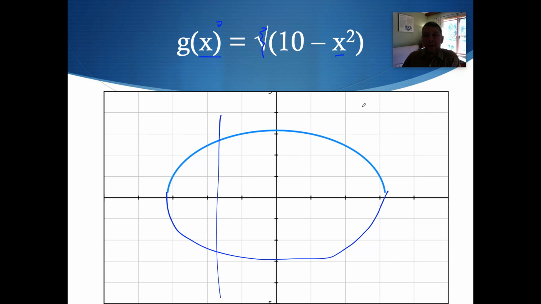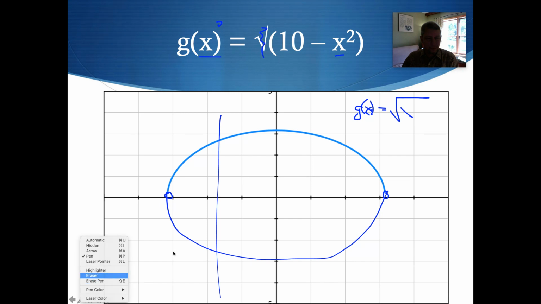Now, if you go ahead and try to figure out where it hits the x-axis, then g of x is going to equal the square root of 10 minus x squared.